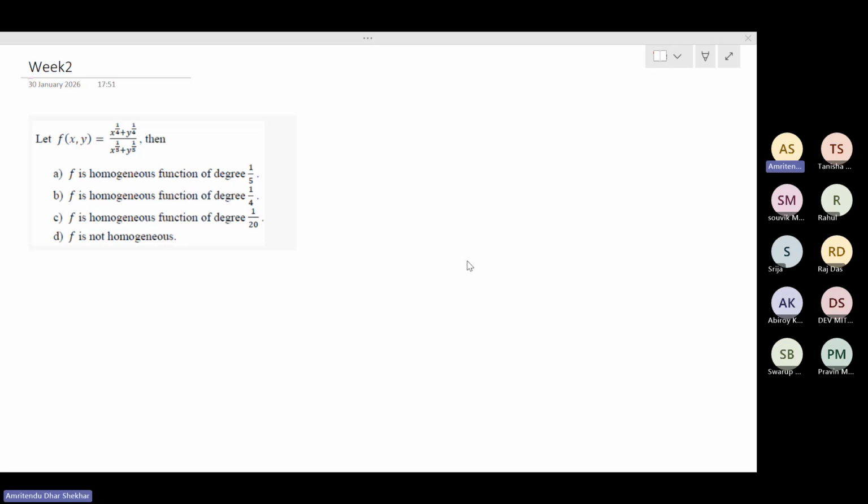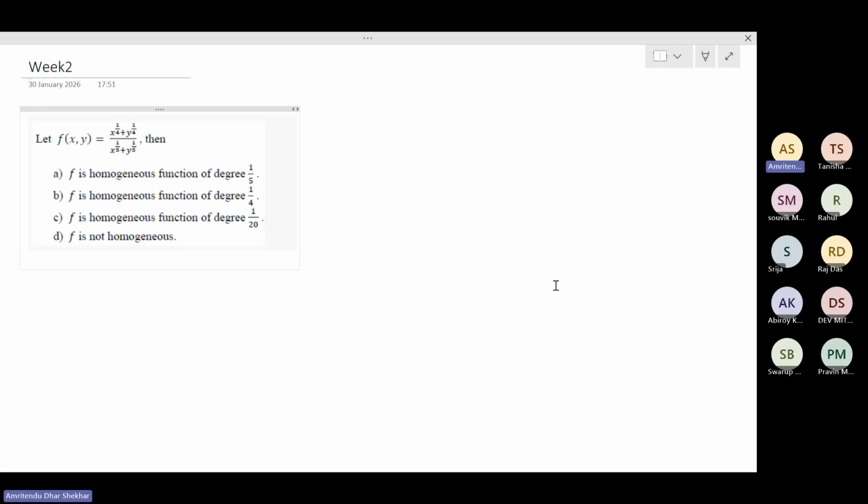And so today, as usual, we're going to continue with the problem solving session. Okay. So we start off with this question on homogeneous functions.